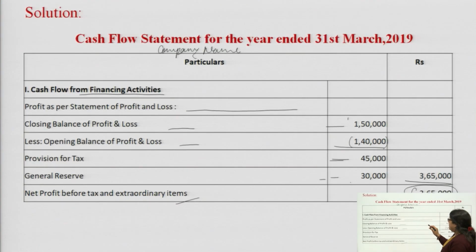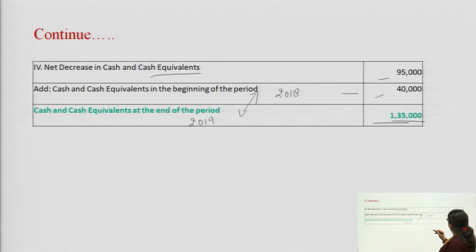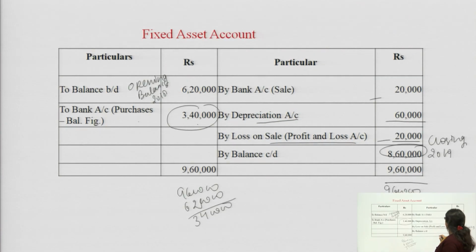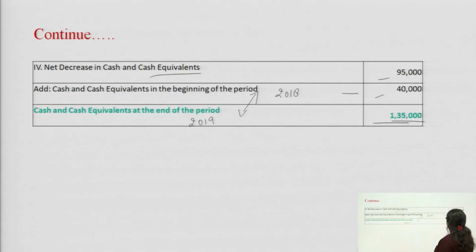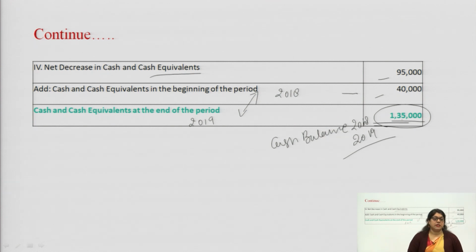So, this is coming to this part. By this, the amount shows your cash balance at the beginning and at the end, in 2018 and in 2019. If this is correct, it means your question is correct.